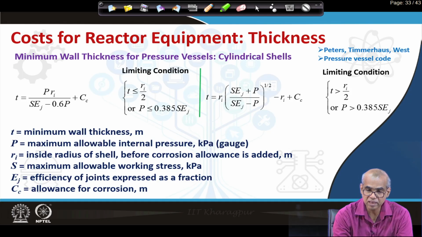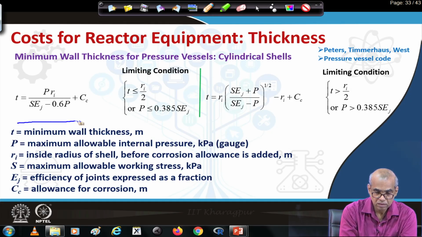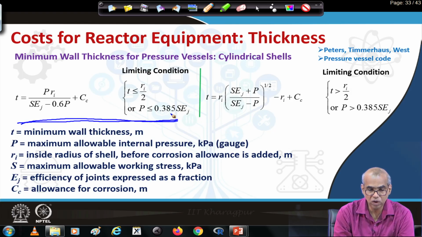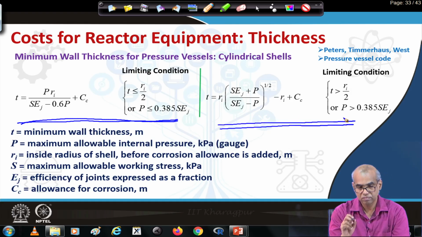For cylindrical shells, the minimum wall thickness can be computed using these equations.